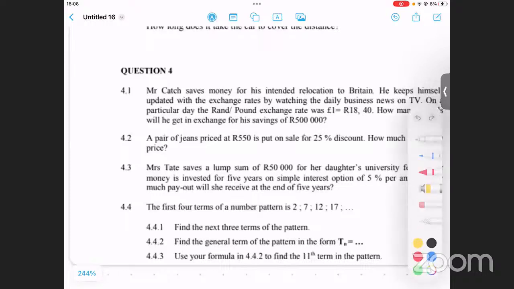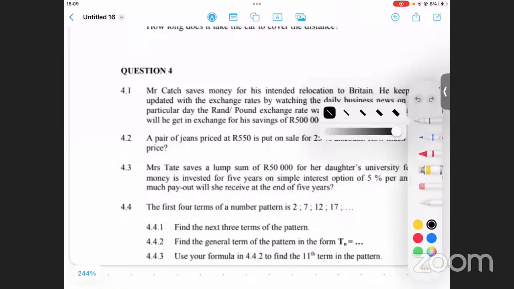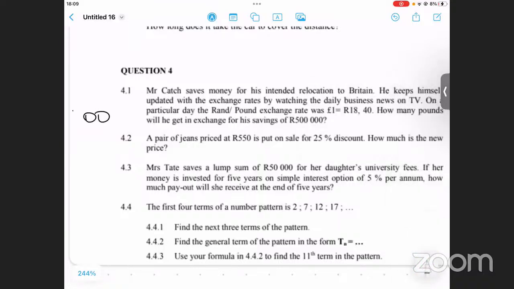So we're going to divide the total, which is 500,000, by the pound exchange rate on that particular day, which is 18 rands 40 cents. Because you want to know how many 18,40s you have in 500,000.